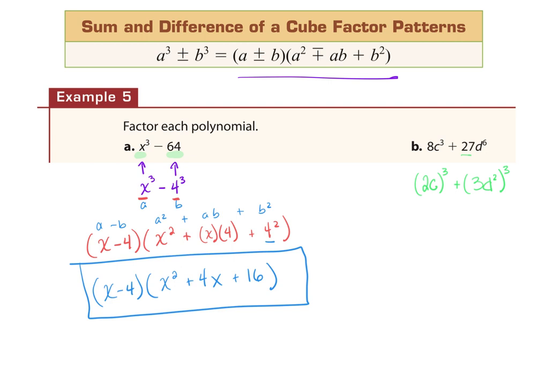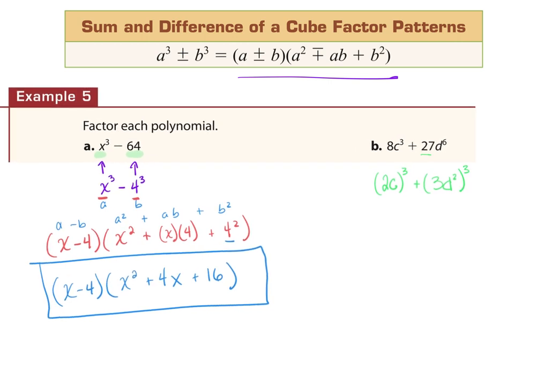And then I'm just going to write out my factoring. So this is a plus, so I'm going to use the plus one. I'm going to say a plus my b, and I'm going to multiply that by my a squared minus my a times my b, and then plus my b squared.